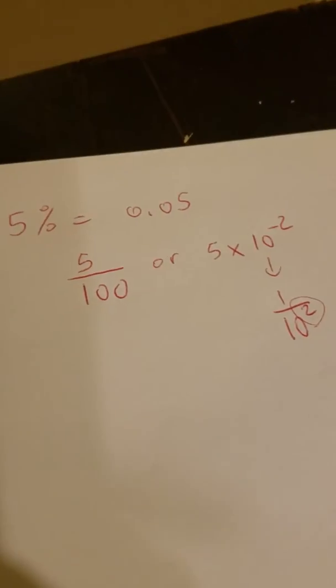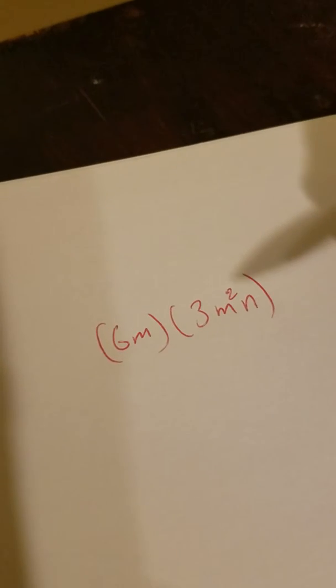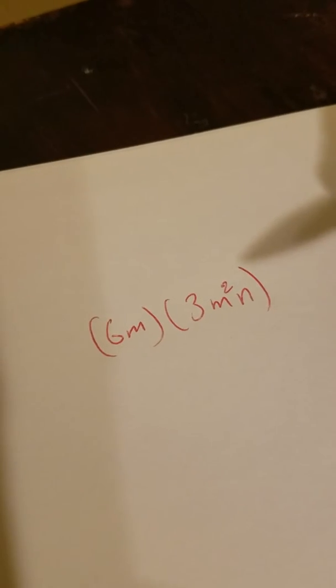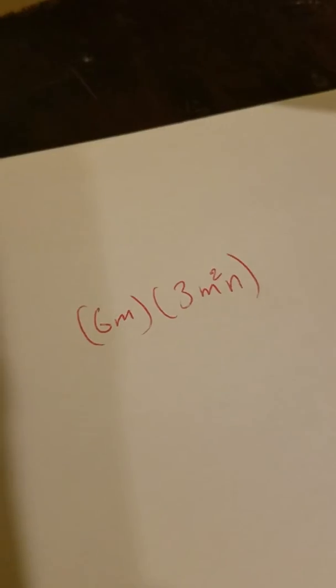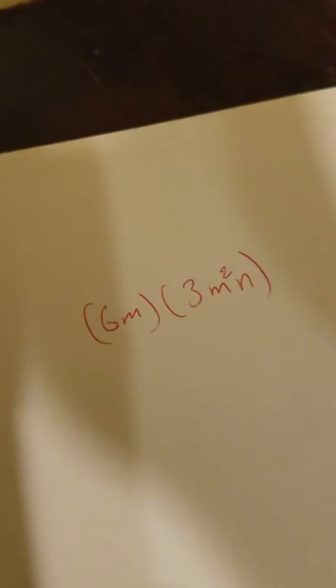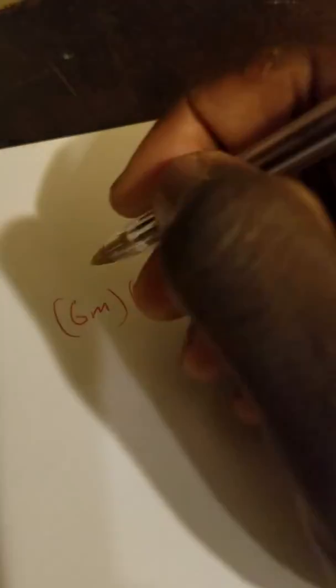So again, now all those rules come into play when we simplify a big expression. Let's say I have 6m times 3m n squared. Now if you see a variable that doesn't have an exponent, it normally has 1 as an exponent. So 6m, the m has exponent 1. Now we multiply the coefficients with the coefficients.